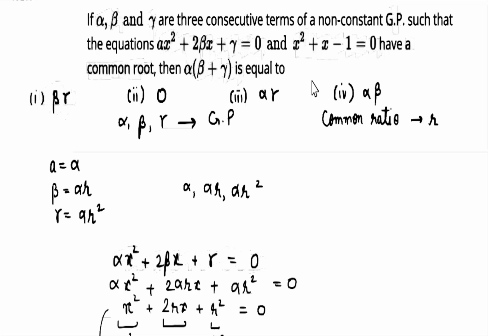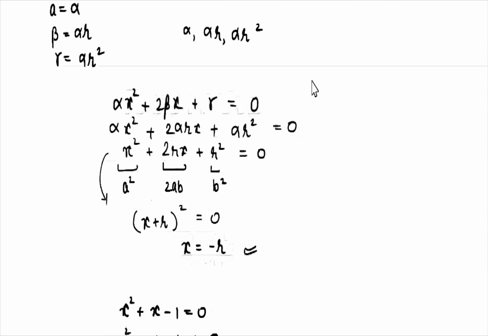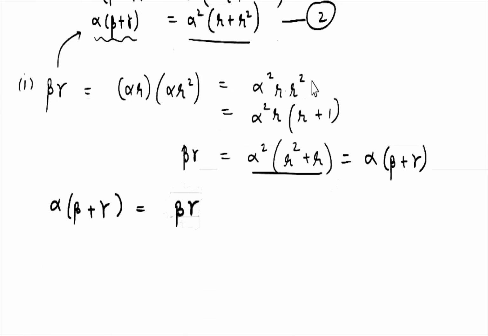And if we do alpha into beta, then alpha square into r will come, which is not equals to alpha into beta plus gamma. Therefore, the value will be beta into gamma, as we have proved here that alpha into beta plus gamma is equals to this value. So this will be the required solution. Thank you, students.